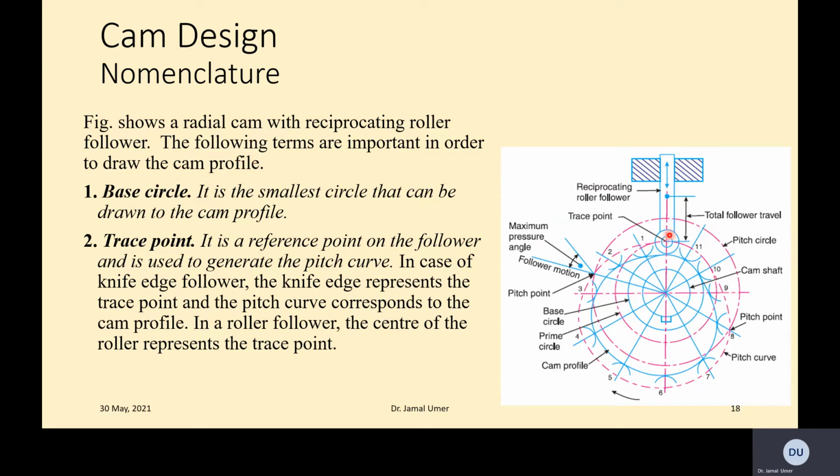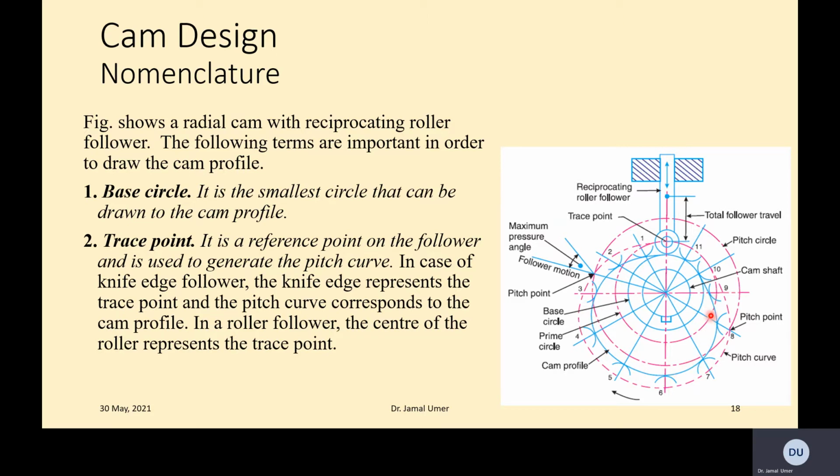This part is the follower, and the cam which is being shown, the outer blue line, is the actual cam profile. Some things are extended just to draw those terminologies.